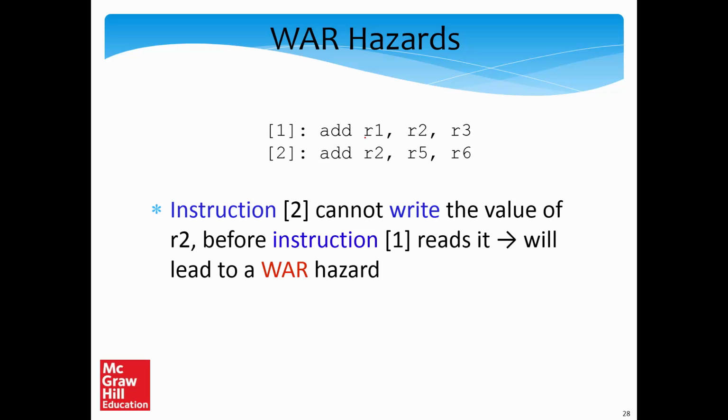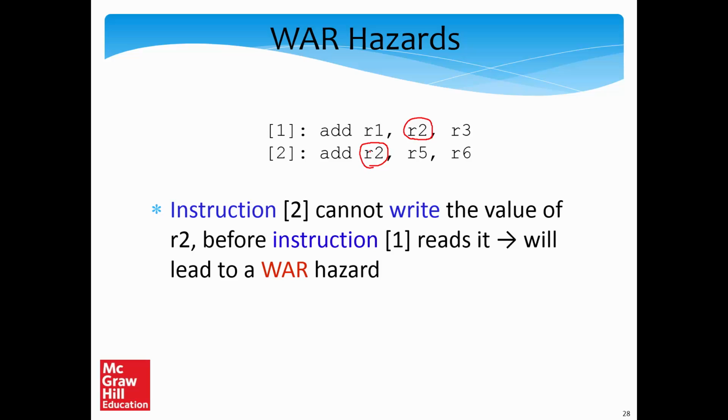Similarly, we can have a write after read hazard. Let us consider this example. Instruction 1 is reading the value of R2. And then a later instruction, instruction 2, is writing to R2. It's doing some computation adding R5 and R6 and it is writing to R2.